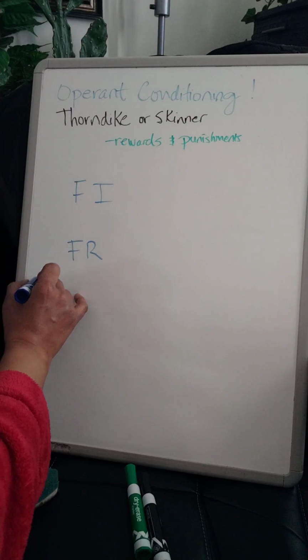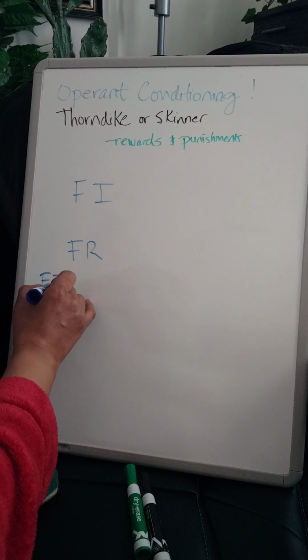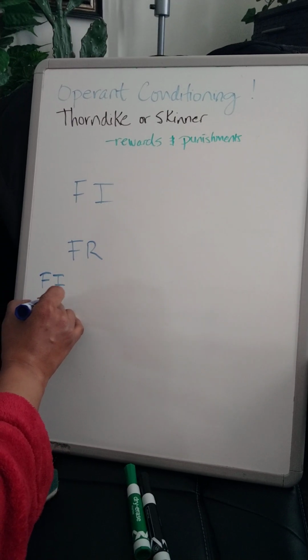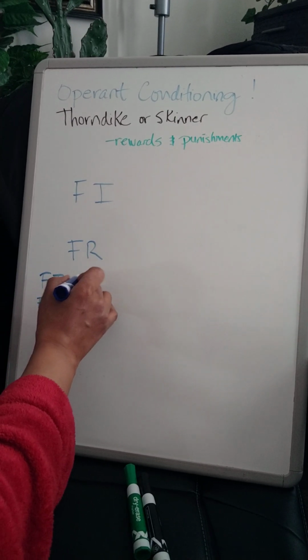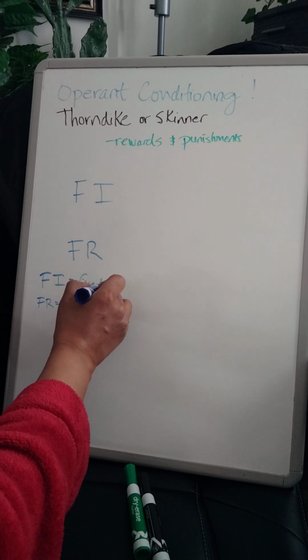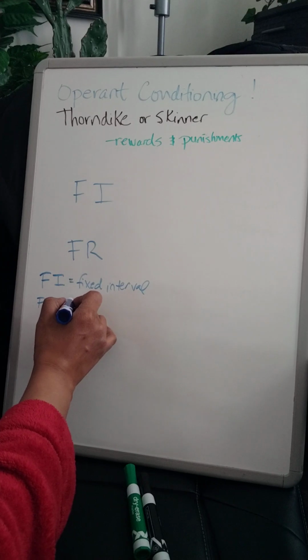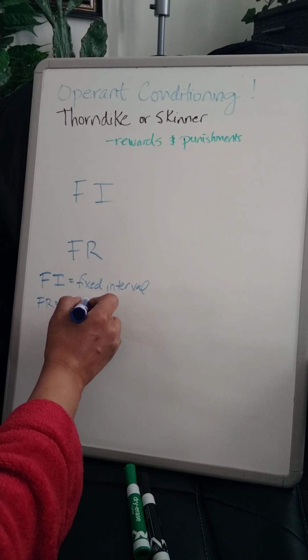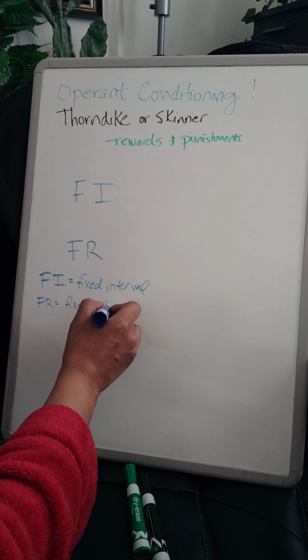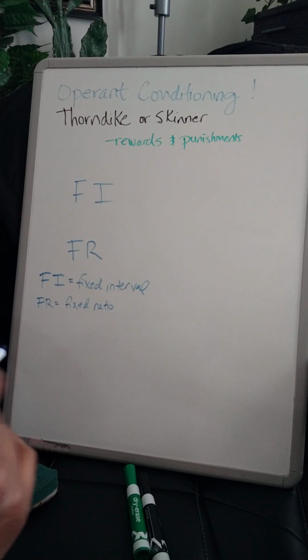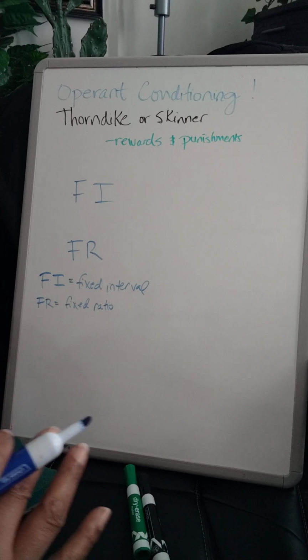So FI, FR: fixed interval and fixed ratio. Before I go into explaining what this means, remember we want to code our brain with formulas.